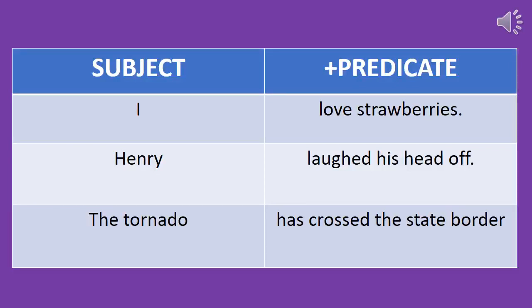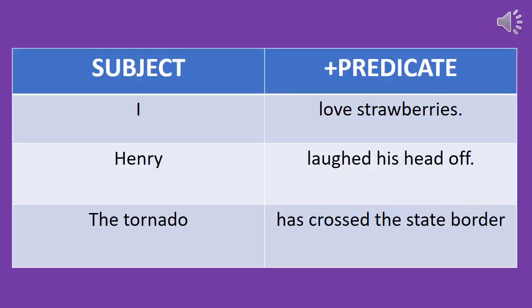So remember, the subject is the focus and the predicate means the action of that sentence. Now we take up three very simple sentences that will help you understand what a subject is and what a predicate is.